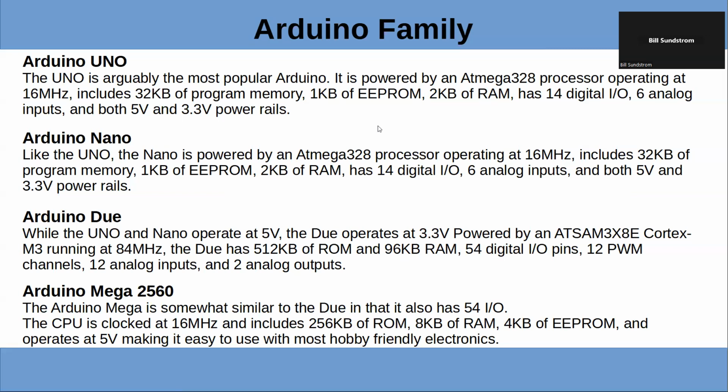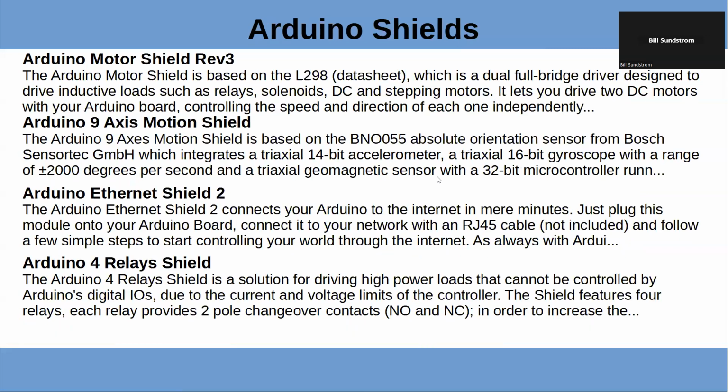And these things are all relatively cheap. Not sure what Uno's going for today, but probably under 20 bucks. Nanos are probably under 10. They have things we call shields, and each one of these families has a different name for a plug-on board.